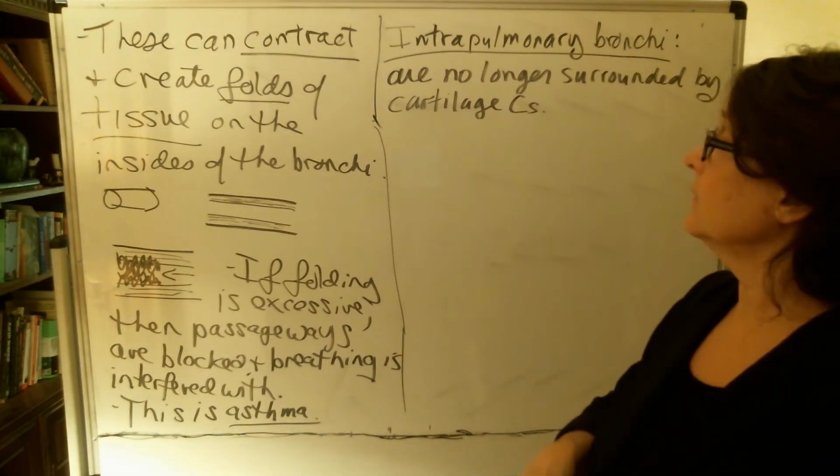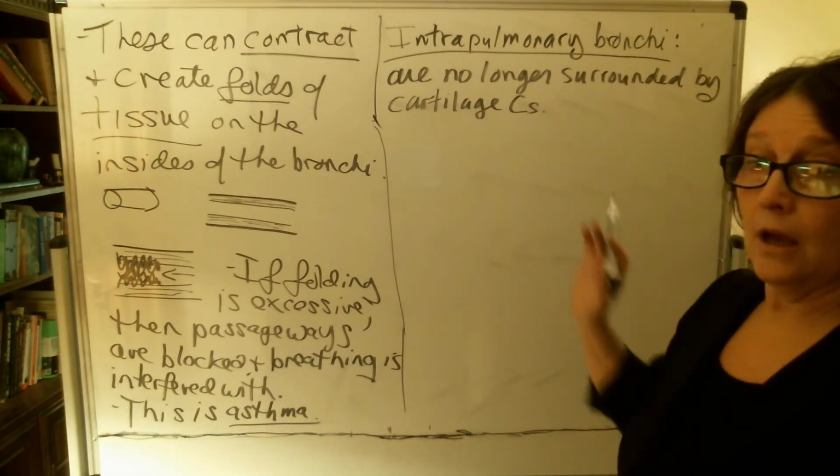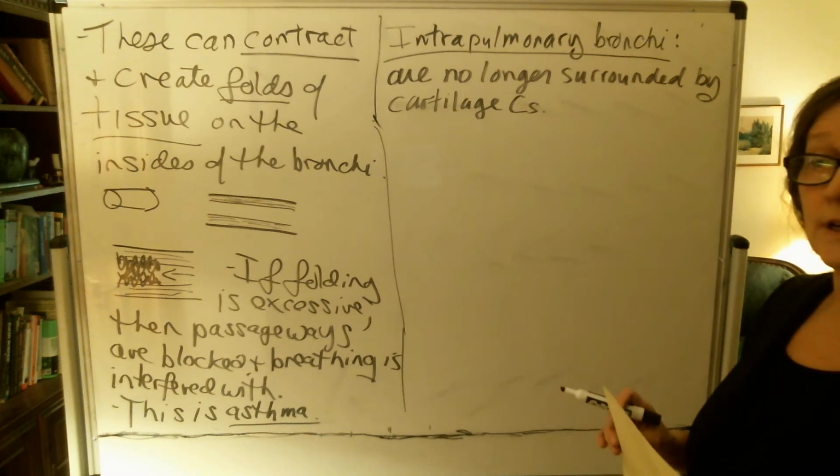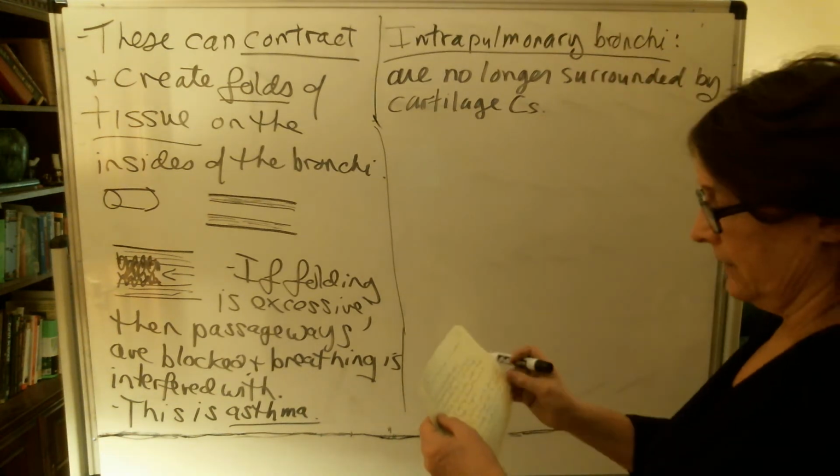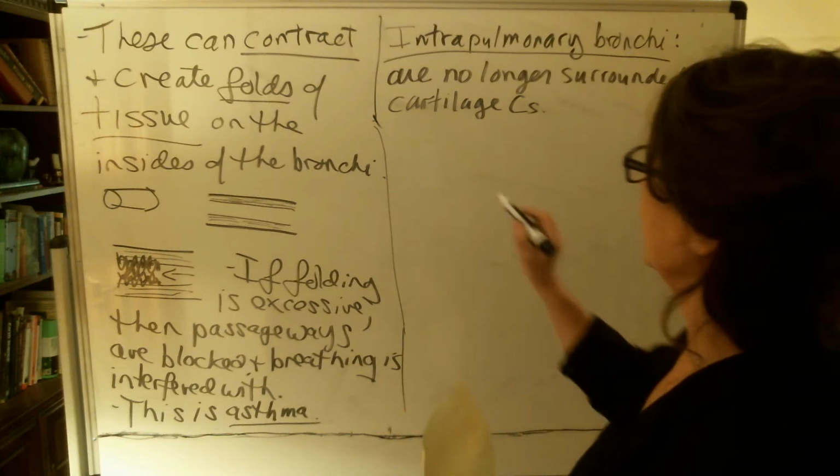Those C-shaped rings of cartilage are no longer there. They're in the trachea and the primary bronchi, but not in any of the intrapulmonary bronchi.